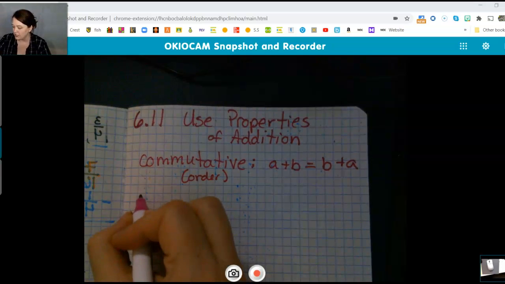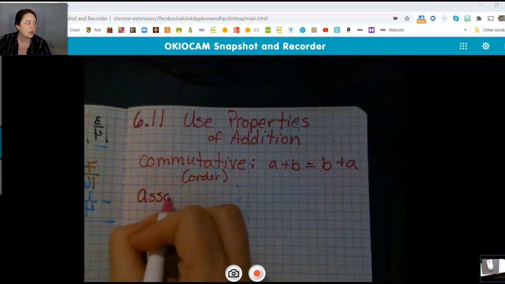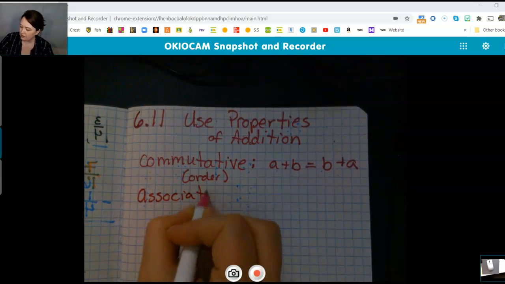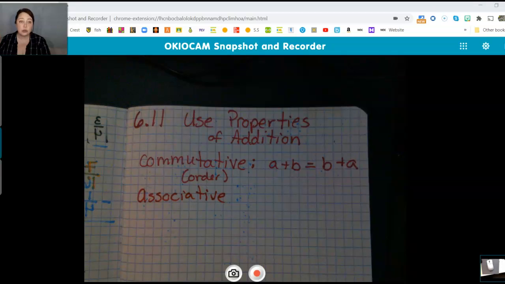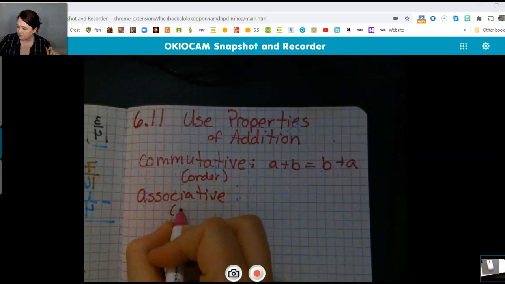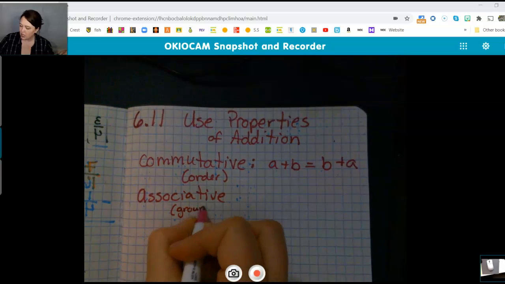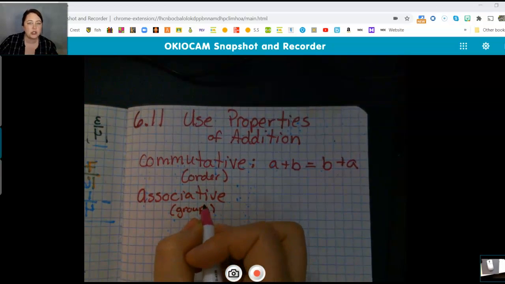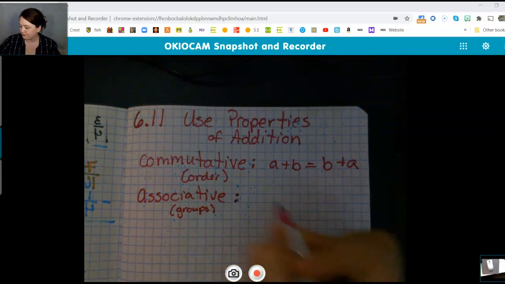Then comes associative. The associative property is all about your associates, your friends, your peers, your amigos, right? So associative is about your groups. How are we going to group these numbers?